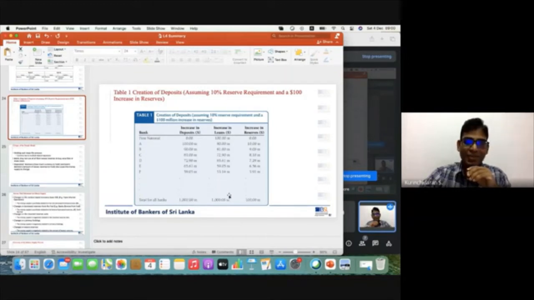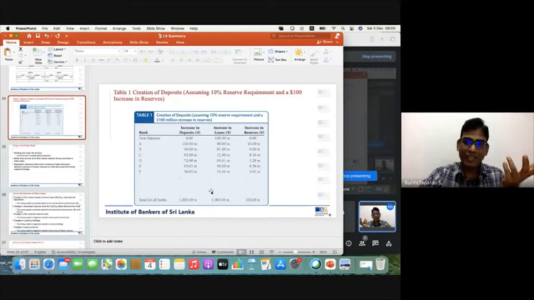And deposits would be equal to loans, so deposit 1,000, loans 1,000. Your increase in reserve is 100 million, right? That's the initial one. So when a central bank gives 100 million, you will get so many deposits and loans created by the system.